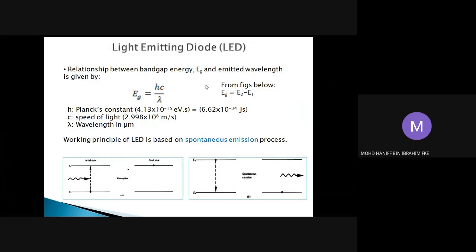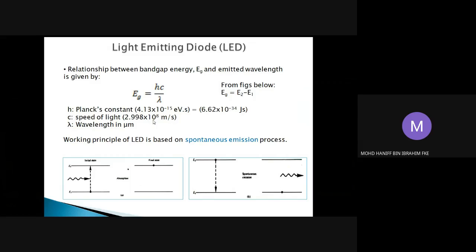So the band gap energy value can be used to know what the wavelength of light produced by this band gap energy should be. The equation used is Eg equals hc over lambda, in which Eg is the band gap energy, h is the Planck constant, c is the speed of light, and lambda is the emitted wavelength in micrometers.